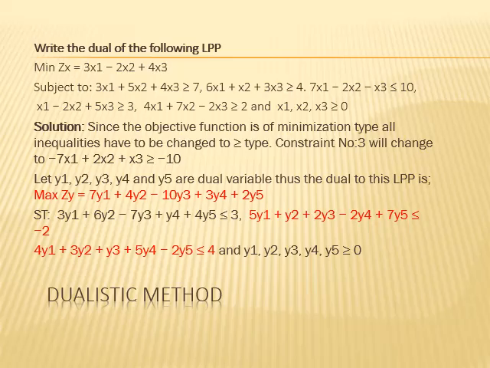Constraint 2: 6x1 plus x2 plus 3x3 more or equal 4, okay. 7x1 negative 2x2 negative x3 less or equal 10.